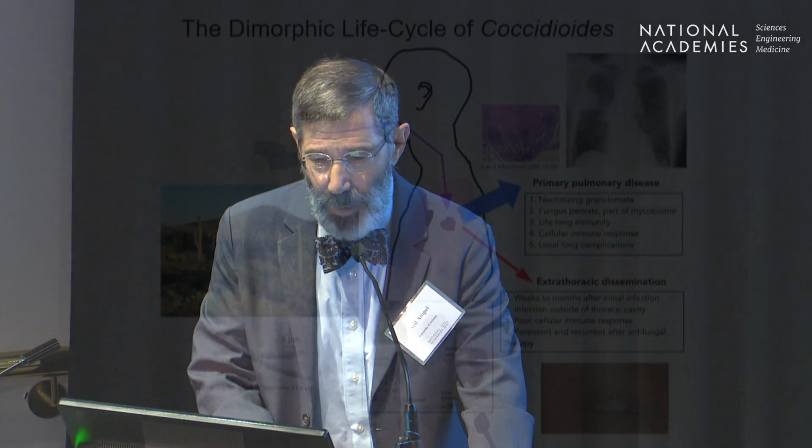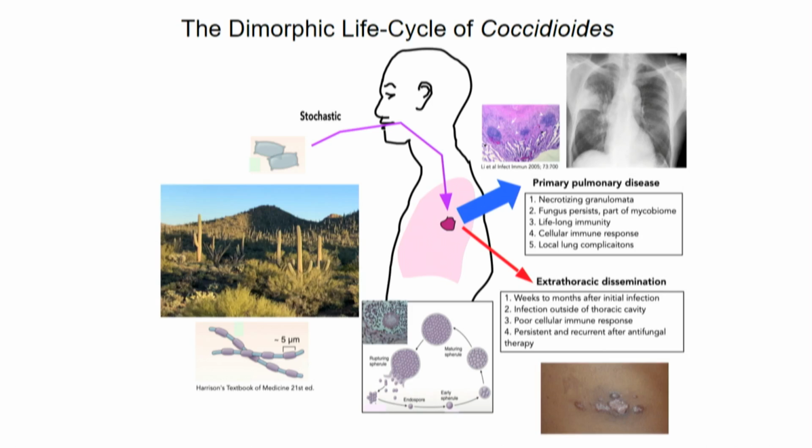Associated with that, we can see on the X-ray, is often a pneumonic process. The fungus persists in that, and data have shown that if you biopsy those granulomas years and years later, there's live fungus, and our presumption is that fungus stays alive for the life of the host. That's what happens to most patients, but in a few patients, things don't go that way.